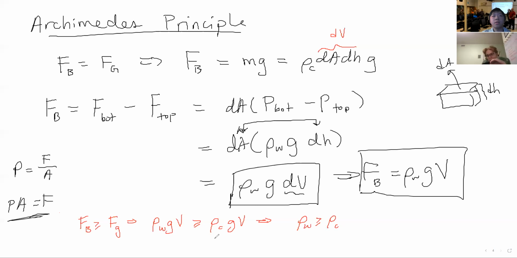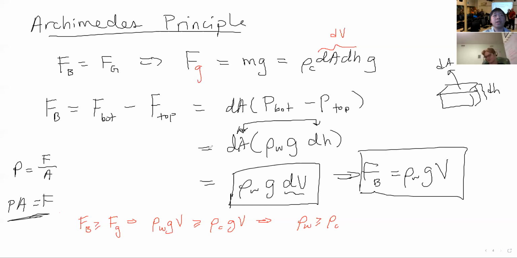Okay, so this is the inequality that I ultimately wanted, right? Now that we have the buoyant force is equal to density of water times g times volume, and the gravitational force, oh, this might have been what confused me, because I wrote F_B, yeah, this is F_G.